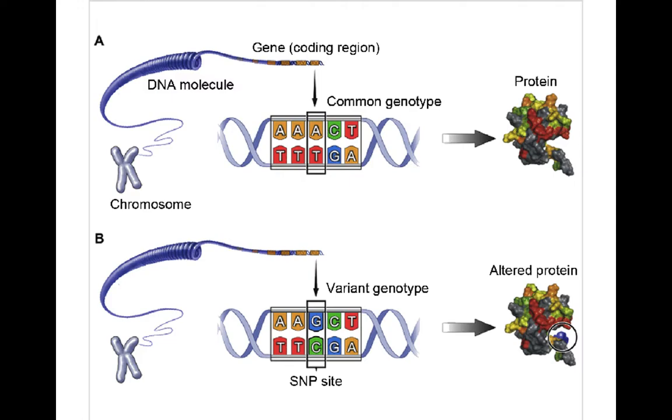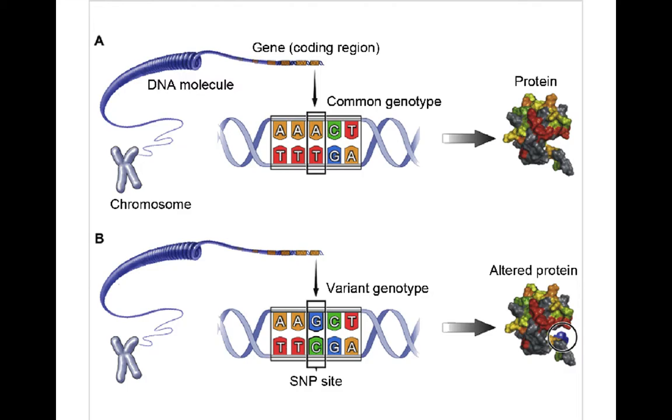As you can see here, a variant of the genotype from the common or wild type is considered to be a SNP. And in some cases, it's possible that the protein will be altered because of that single base change or single base variation.